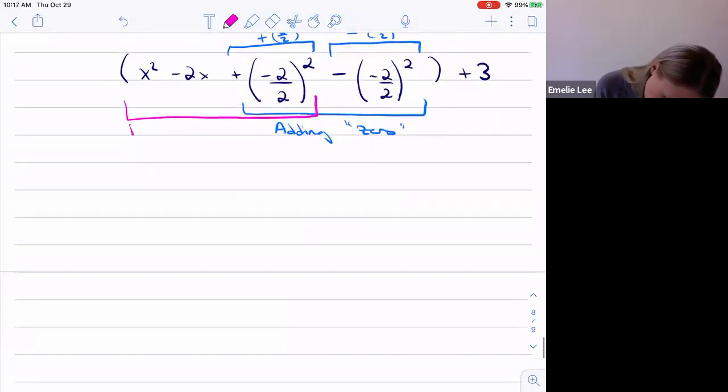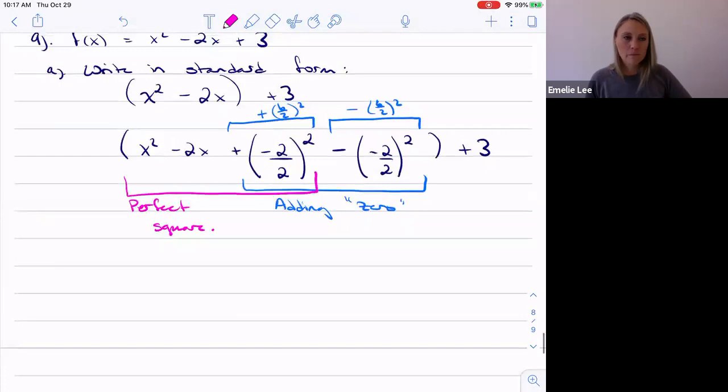But now, this here is a perfect square. This bracket here isn't actually doing anything because there's nothing outside. So what I can do is shift this bracket here. I can also simplify. Negative 2 divided by 2 is, of course, negative 1, and then negative 1 squared is just 1.